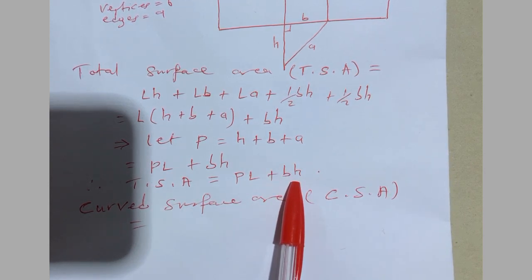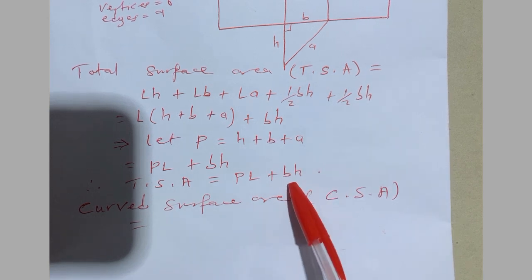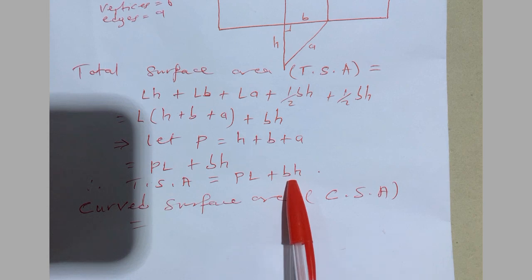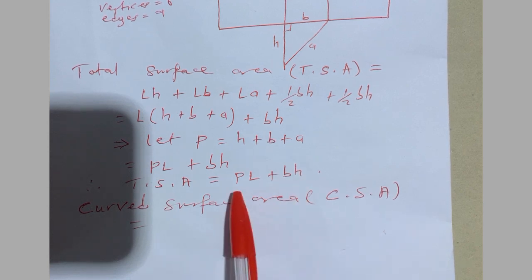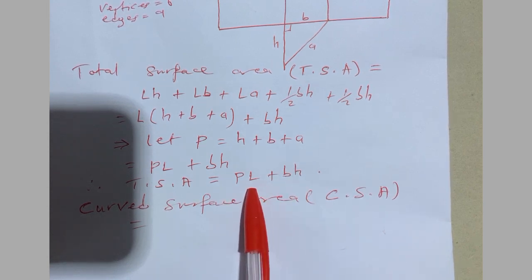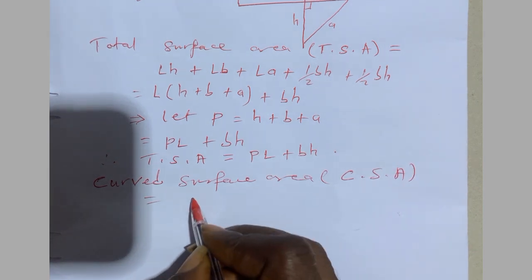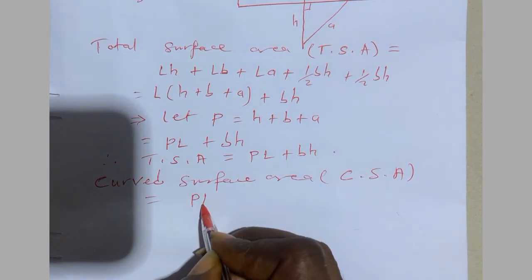So in a curved surface area, if the two triangles are being removed, then the surface area that is going to be left is PL. So in a curved surface area, we're not going to be having this triangle, we're not going to be having this triangle, and our surface area is going to be PL.